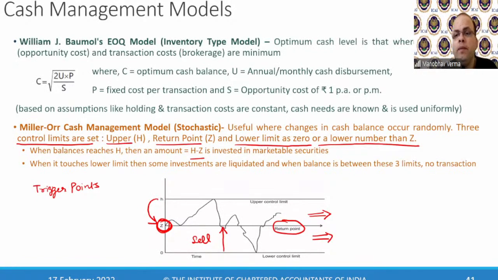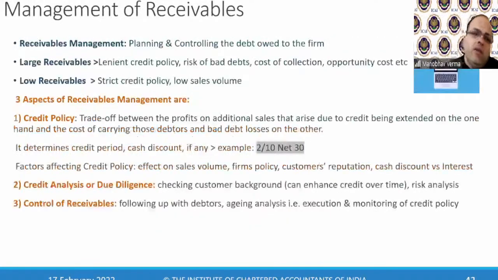Okay. So guys, now moving on from cash, I want to give you a quick idea about the management of receivables. In the paucity of time, we'll not be discussing too much today. I just want to do a kickstart, and we'll wrap it up on Saturday, of course. In terms of management of receivables, if you remember our discussion on profitability and liquidity, we are thinking of a lenient credit policy, risk of bad debts, and low receivables as a strict credit policy and low sales volume.